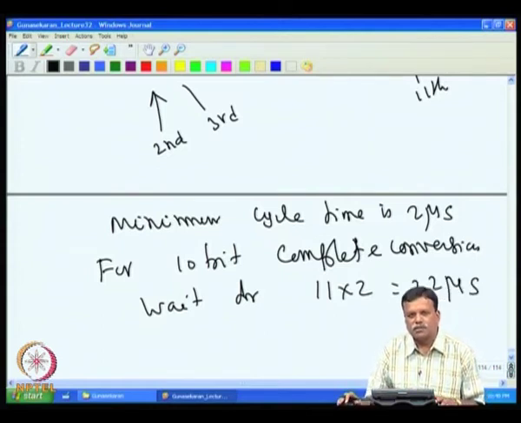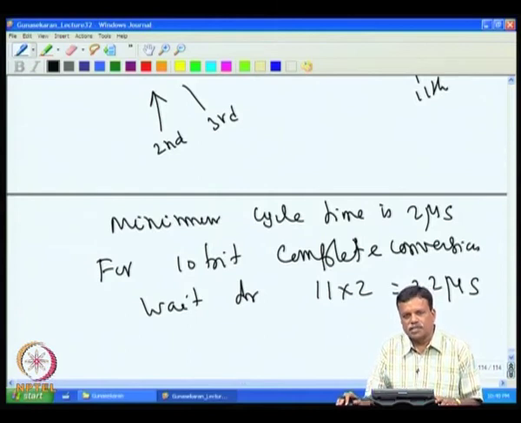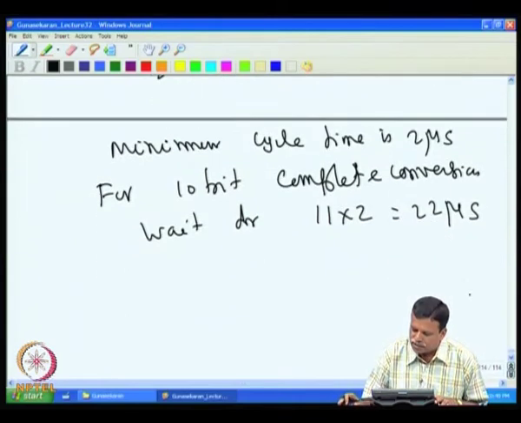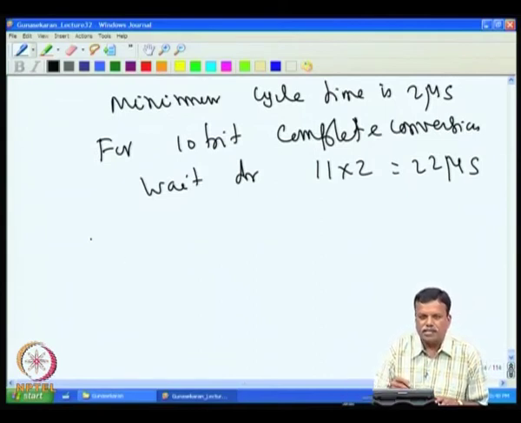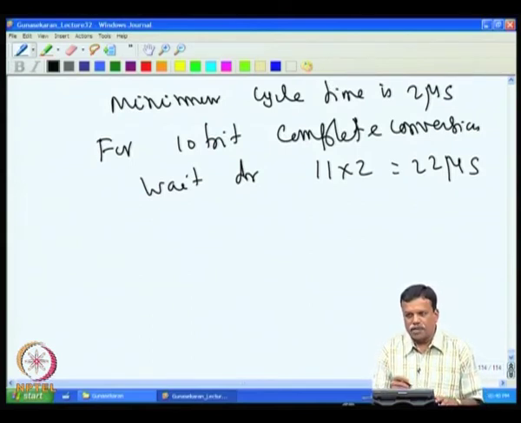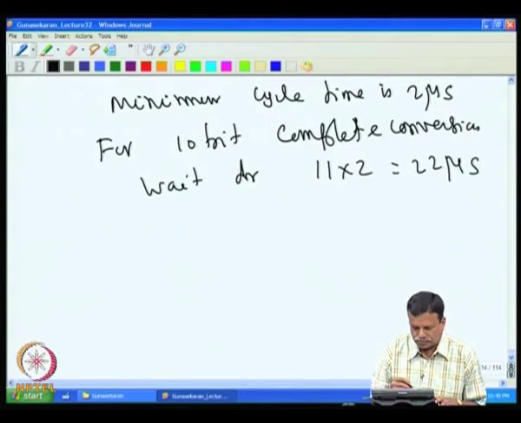At the end of the 22nd microsecond the conversion is over, and invariably the interrupt flag is set, and the conversion completion will be known by that, or I can wait for this much time and then read the contents from the register.